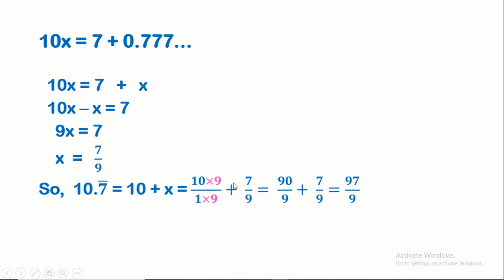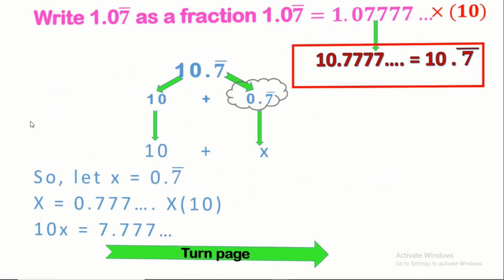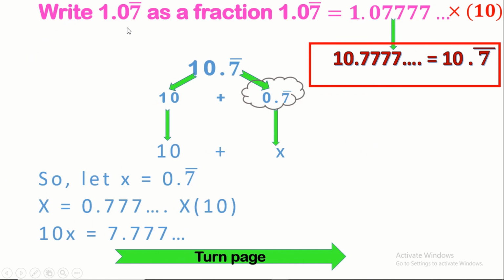Well, something very important. They have just asked us not about 10.7 bar, but about 1.07 bar. Now we should transform our answer into 1.07 bar. We multiplied it by 10 to get 10.7 bar.